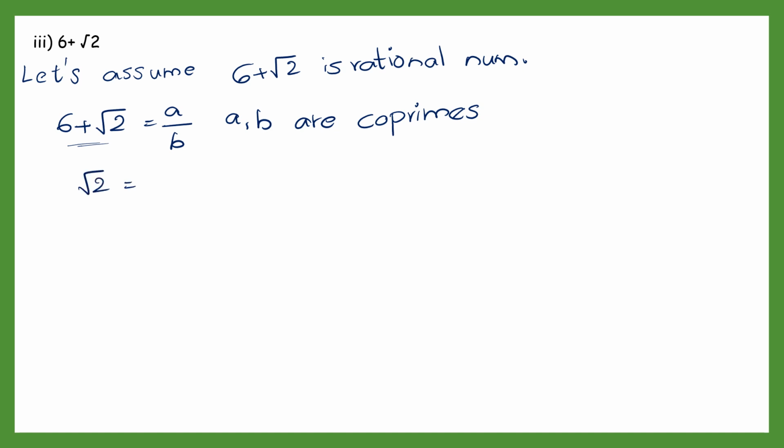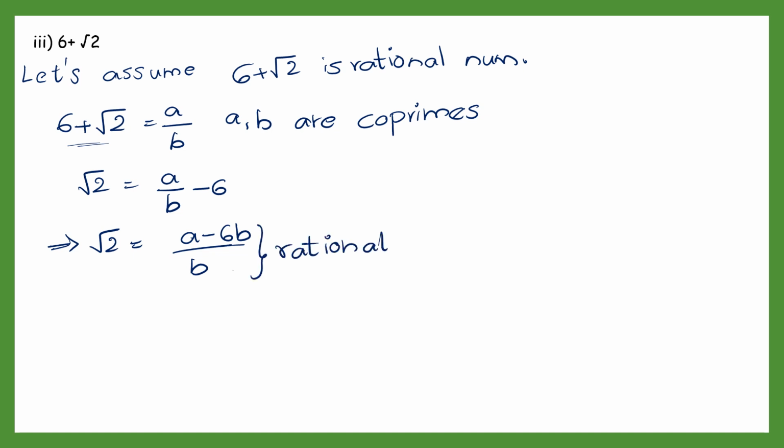Root 2 is what? A by b minus 6. That means root 2 is equal to, if you take b as LCM, a minus 6b by b. So, here a, b are both coprimes, so a minus 6b by b is also a rational number. So, root 2 is also a rational number.